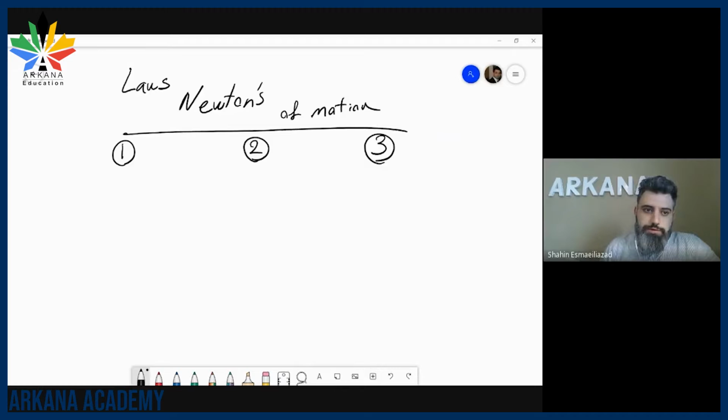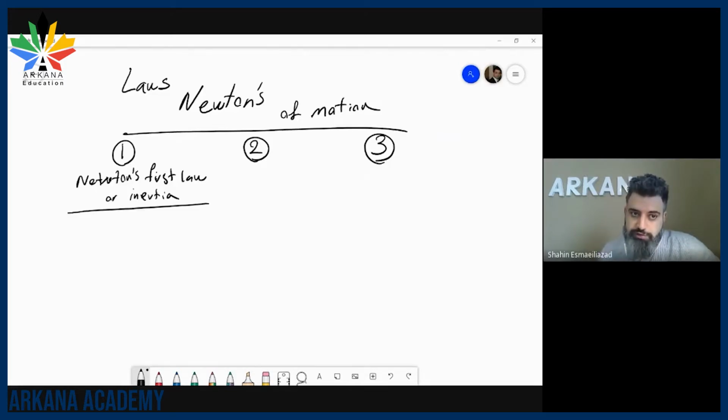And we're going to talk about them one by one. Law number 1, or Newton's first law of motion, has another name. It's called inertia.